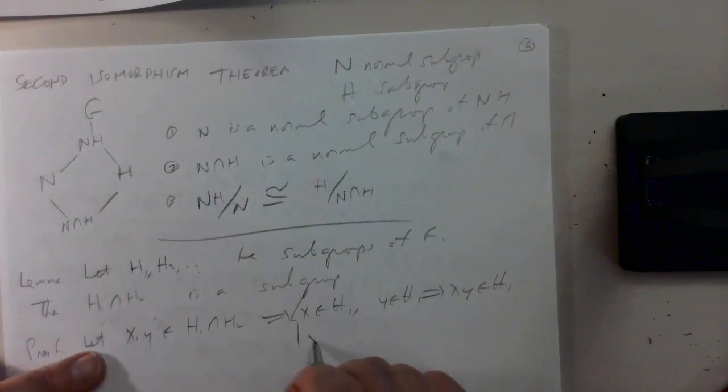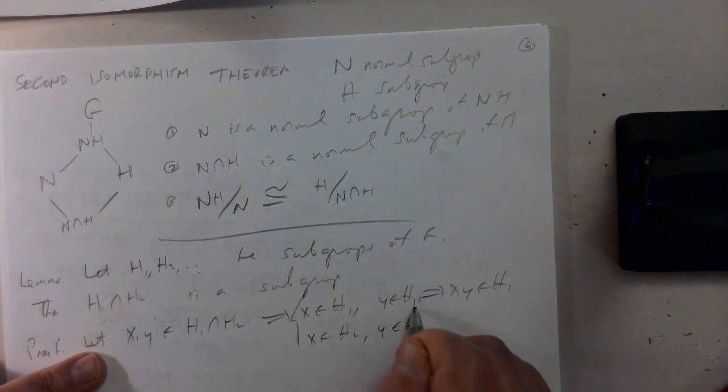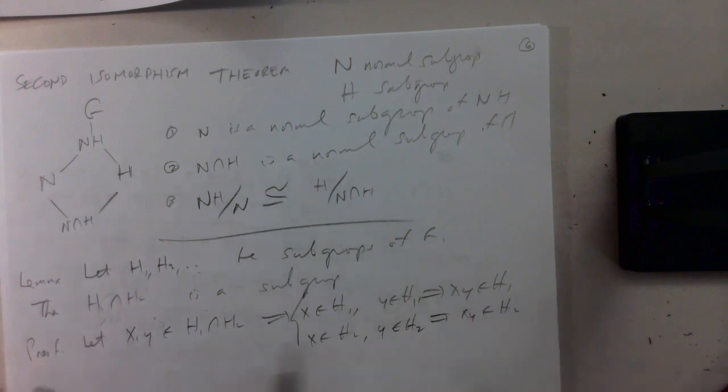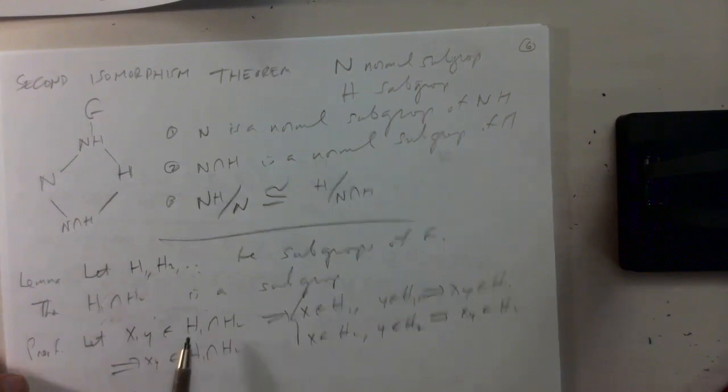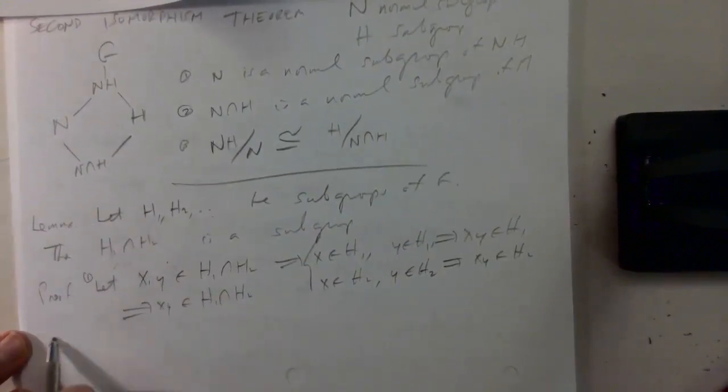And it also means that x is in H2, y is in H2. And again, because H2 is a subgroup, xy is in H2. So xy is in both of them. So xy is in H1 intersect H2. So this intersection is closed under multiplication.